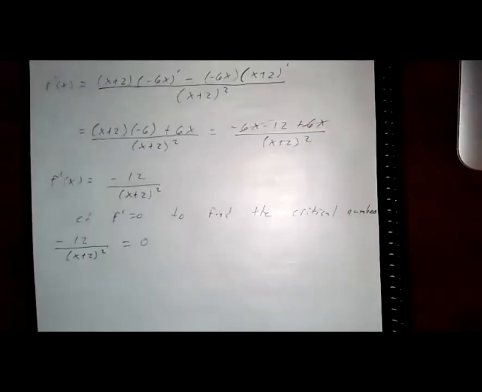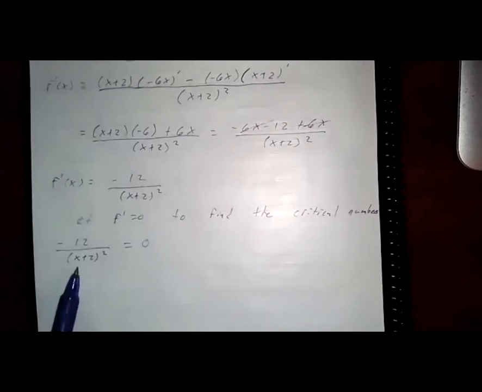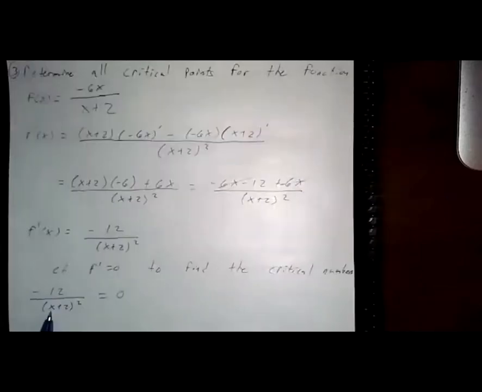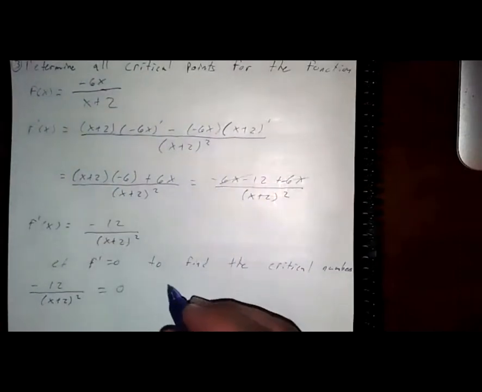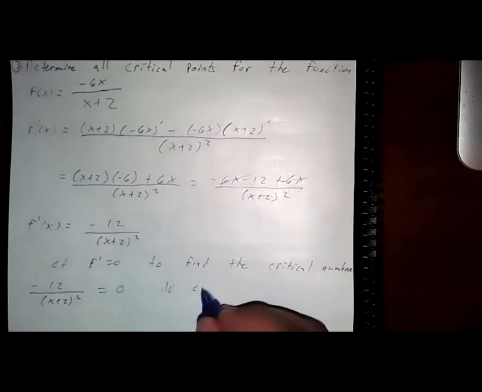Will this ever be 0? No, because it'll be undefined. That's like the best thing we could do, is find the undefined value, but since the undefined value is also undefined in the original function, we can't use that as a critical number either. So this has no critical numbers.